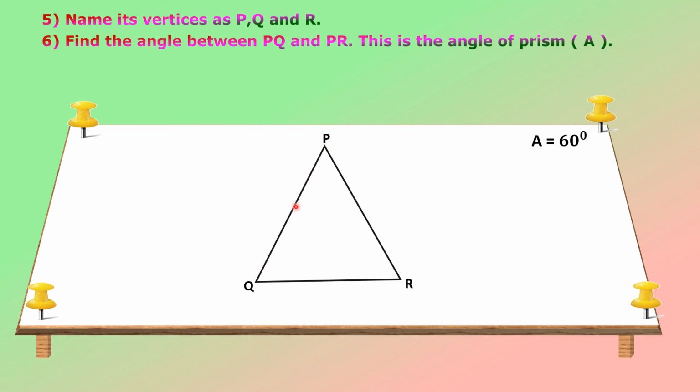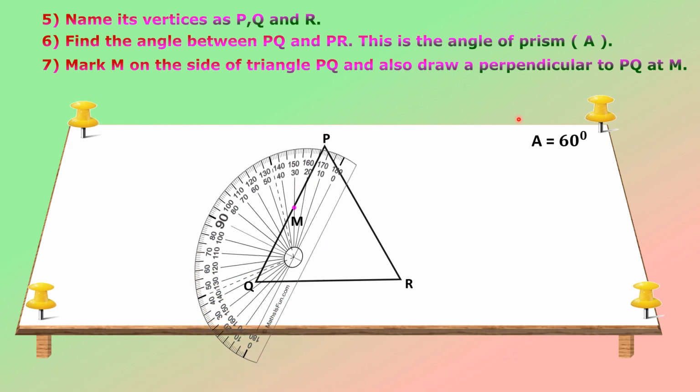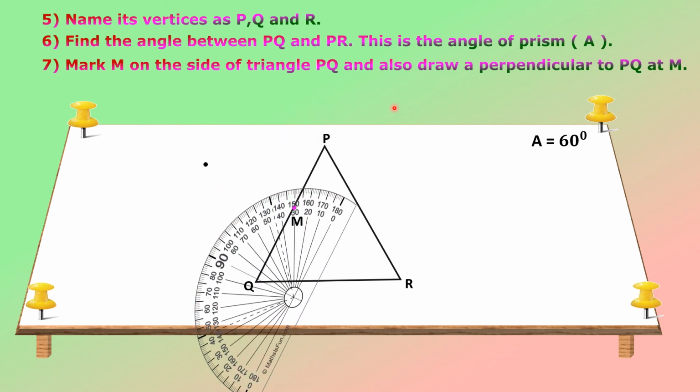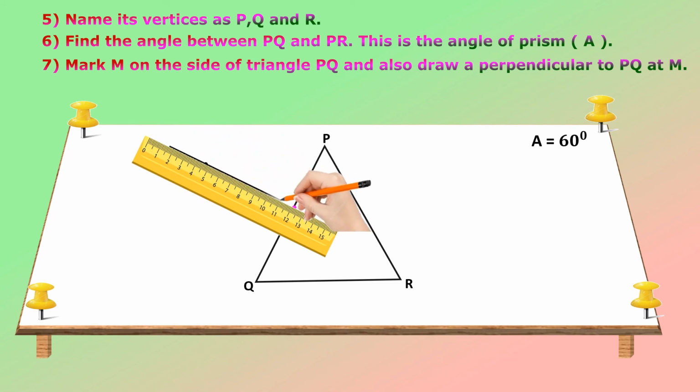Okay, here, and I will draw a perpendicular, that is the normal, at the point M. Mark M on the side of the triangle PQ and also draw a perpendicular to PQ at M. Somewhere here I am going to mark a point M. Let us name it as M. Now I will draw a normal to PQ at the point M. Let us draw the normal here. This is the normal I am drawing.